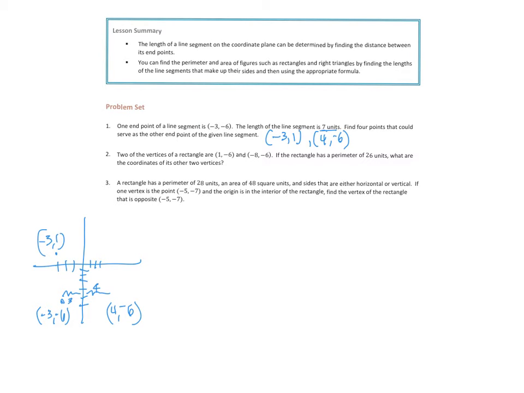Let's see, so I can go 1, 2. How about if I go the opposite? How about if I go that way? If I went -3, and it's in the same quadrant, what is from 6, and I want to get 7 units. The absolute value of -6 is 6.